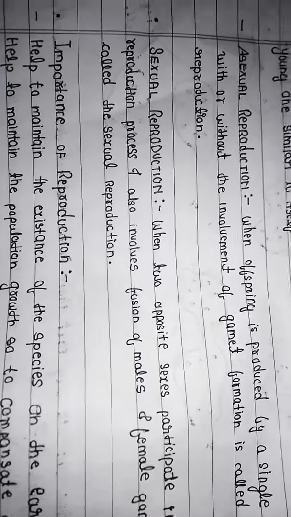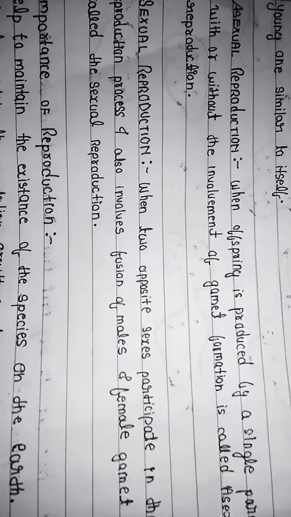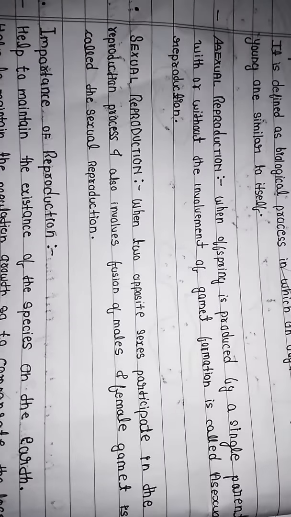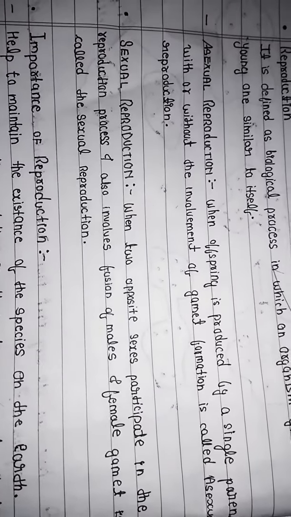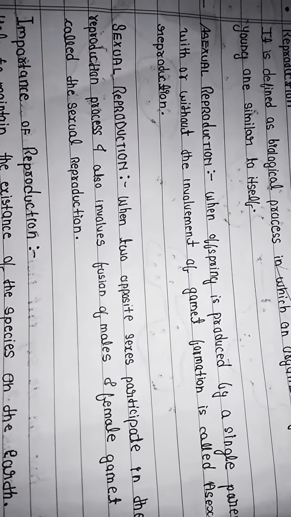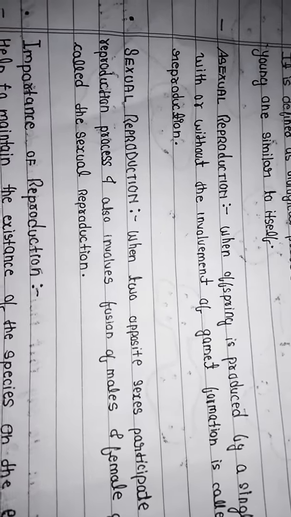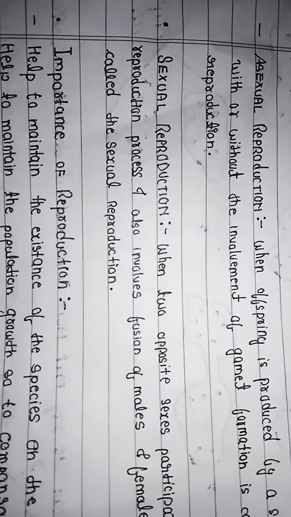That means there is no involvement of another parent, only a single parent, and without the involvement of gamete formation, the reproduction which takes place is called asexual reproduction.